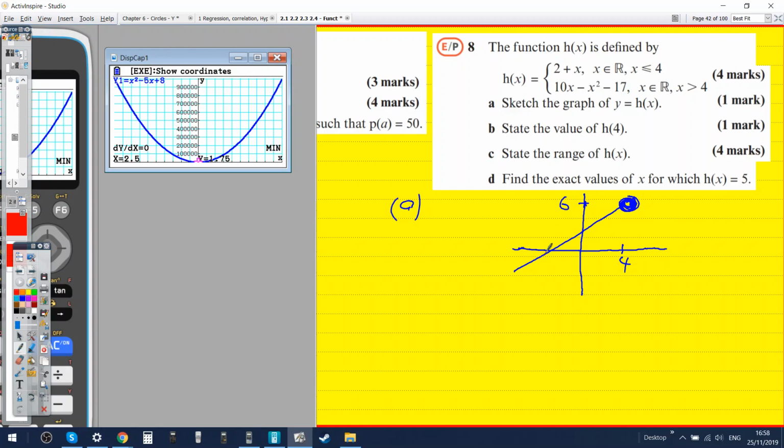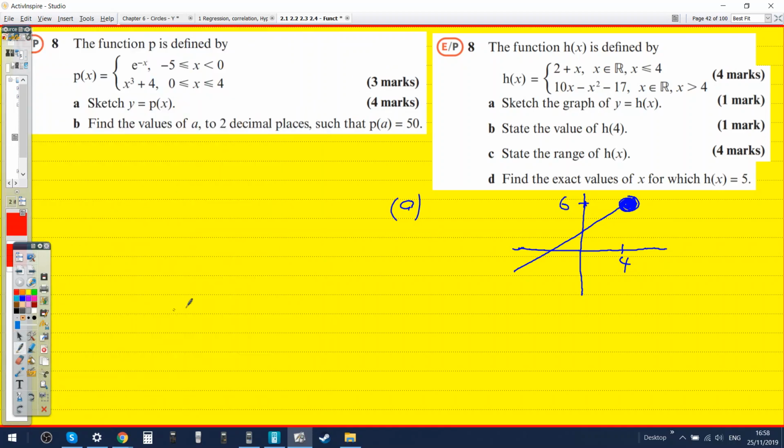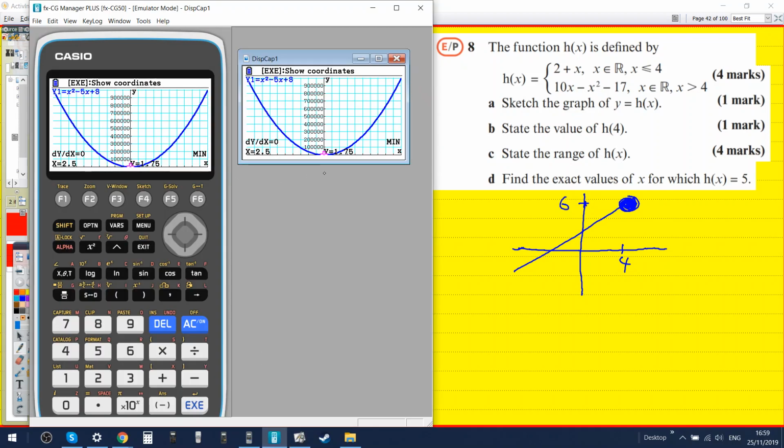Okay, and for the next part? It's the upside down parabola, because it's a minus x squared. Its y-intercept is minus 17. Yeah. Would we work out what the maximum of the equation is? Yeah, I think it would be helpful to actually sketch it.